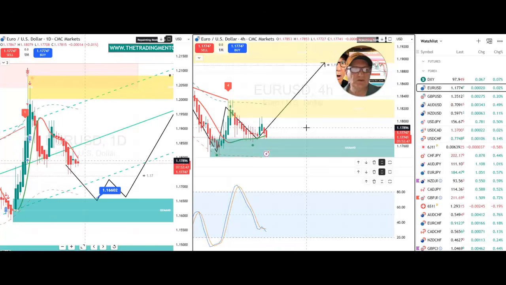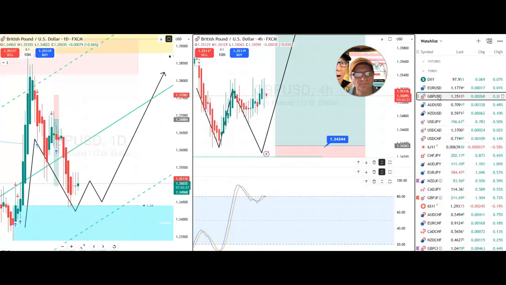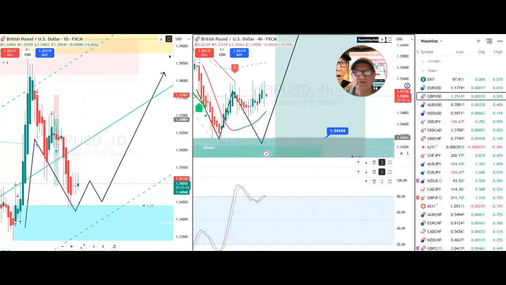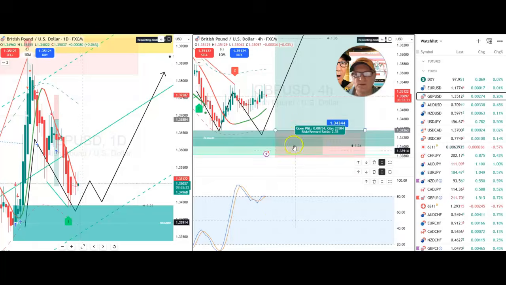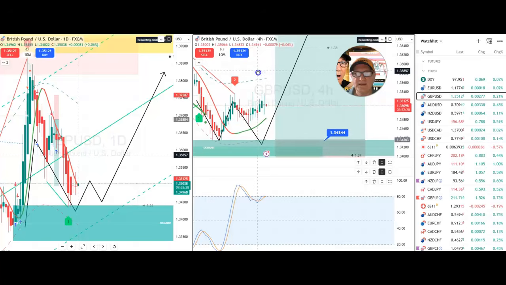It's hitting a supply zone, but it's not weakening yet. I do have a potential buy trading idea on the pound USD. I'm just waiting for it to come down to 134.34. And that's a beautiful W pattern, which could be highly significant.